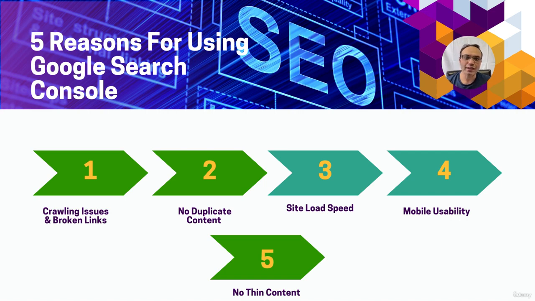Now, if there are any issues, for whatever reason, it will give you an indication that these are the issues for which Google is unable to crawl your website, which means that if the bots and spiders can't discover the content present in your website, your searchers or audience would not be able to discover it.